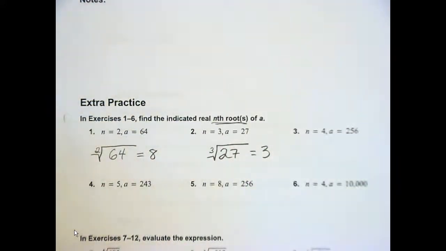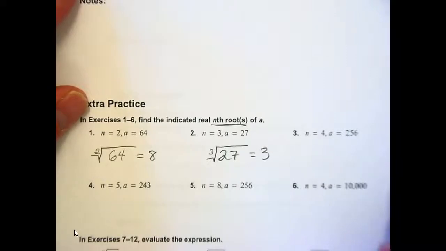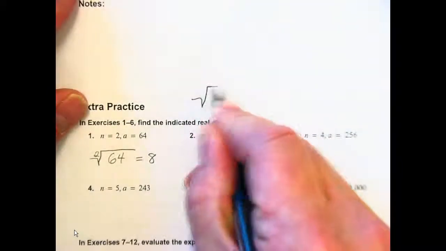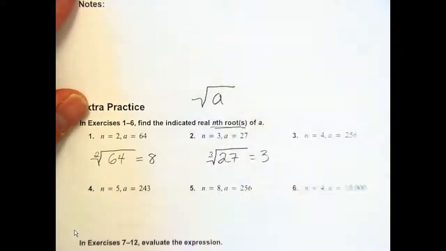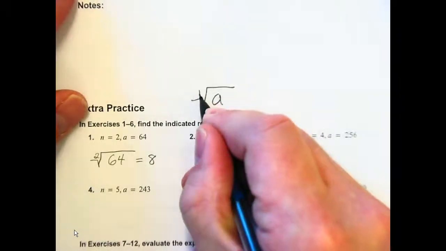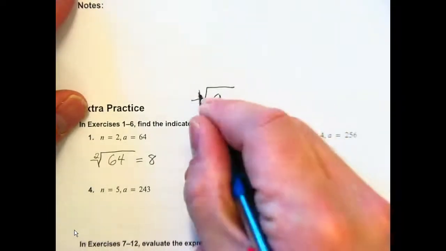What's that? We'll get to that. Okay, so really when we're looking at this general form here, they're saying A to the power of n.